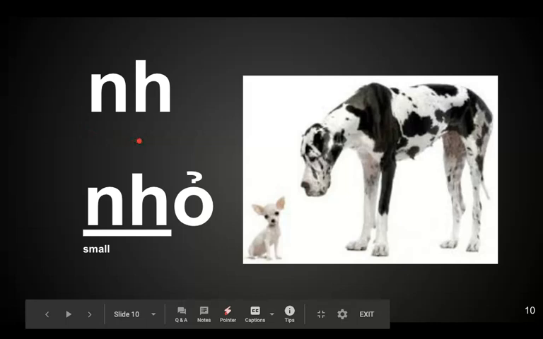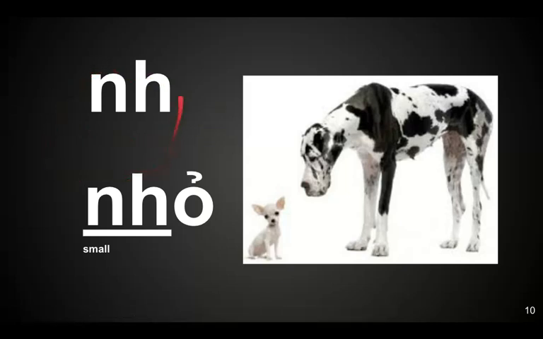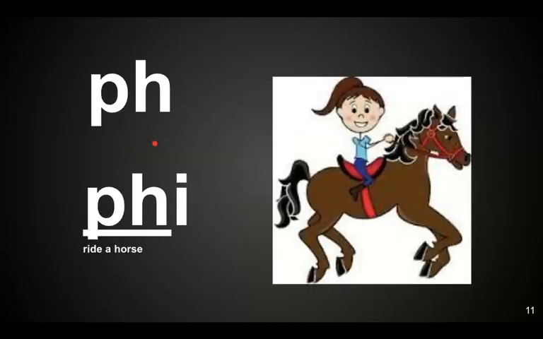So NH, nhỏ. This sound in Spanish is the ñ sound. In Spanish, there's a letter called ñ. It's an N with the squiggly on the top, dấu ngã on the top. It's called ñ. In Vietnamese, we have NH, nhỏ.